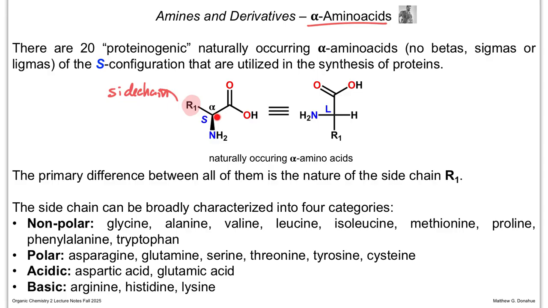Based on the stereochemistry of naturally occurring amino acids, that stereogenic center ends up being S when you apply the priority assignments to them, when you're doing the Cahn-Ingold-Prelog rules.